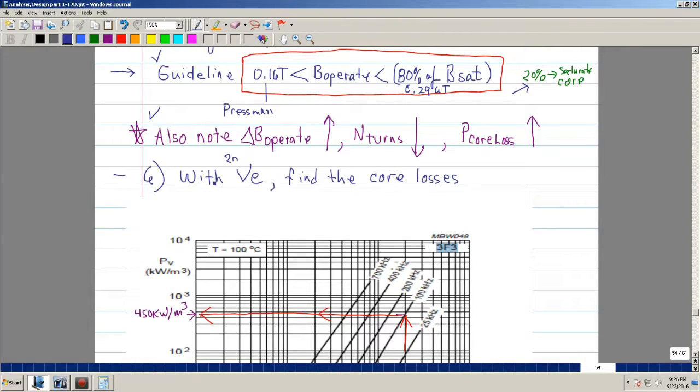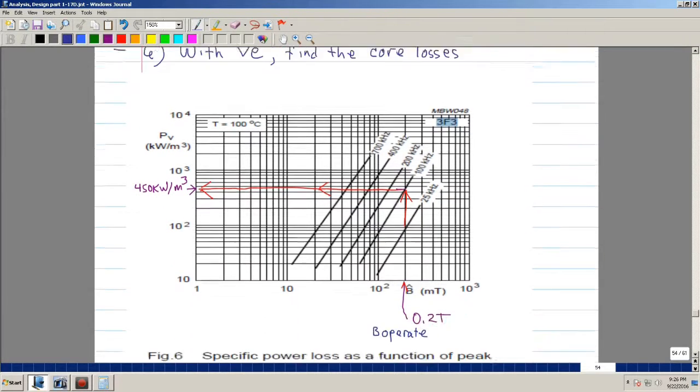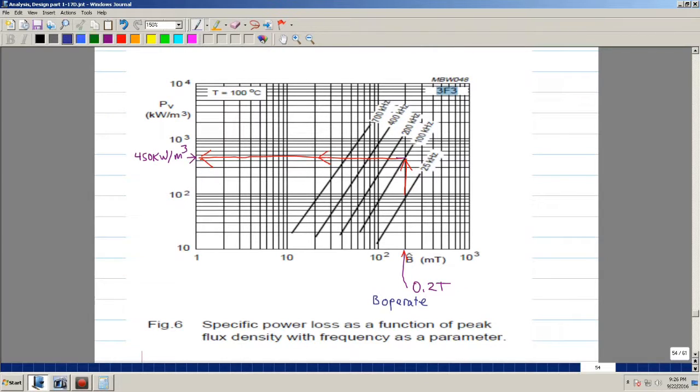Once you have VE, you can find the core losses. And to be able to calculate the core losses, you have to know the material that you're using. In this case, I'm using 3F3.